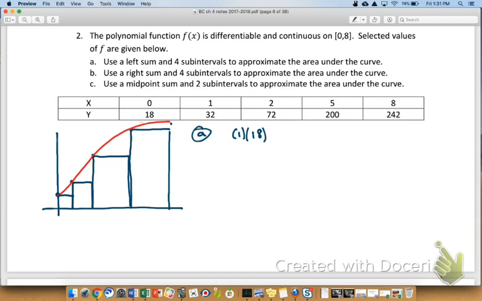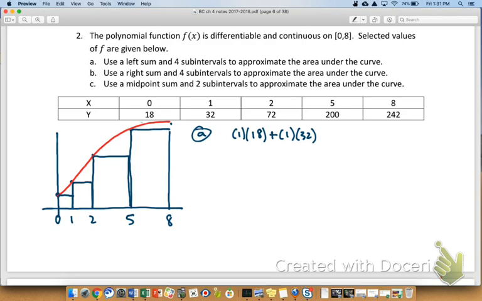What would be the base of my next rectangle? 1. Again, 1, right? We're going from 1 to 2. So you've got 0, 1, 2, 5, and 8. So next one is a base of 1. What about the height for that second rectangle? 32. We're just going to continue to use the left edge of the interval because we're doing a left sum.